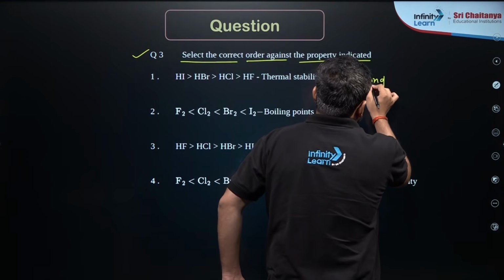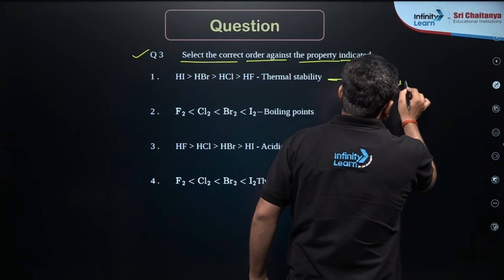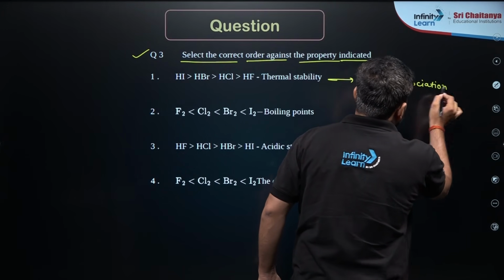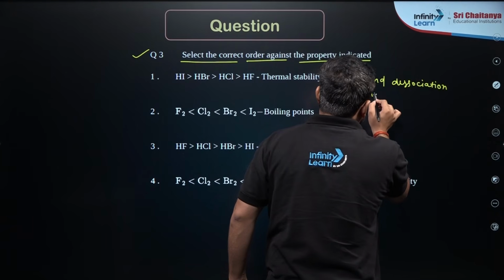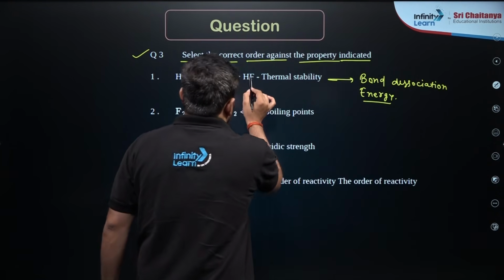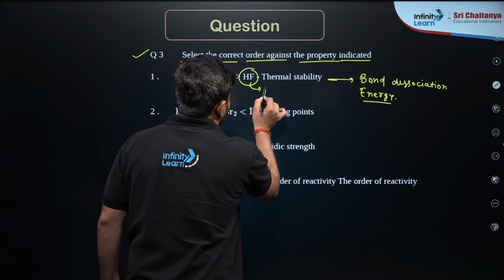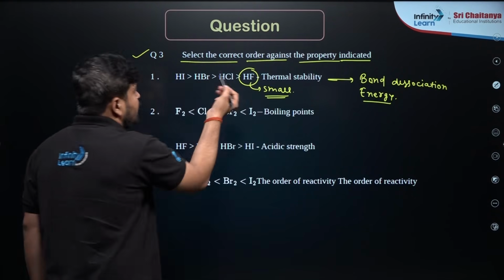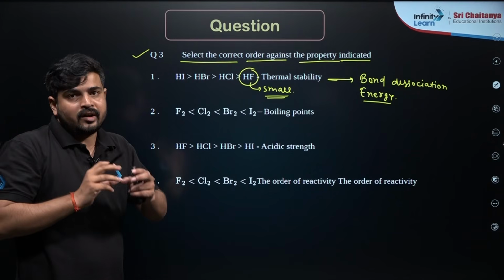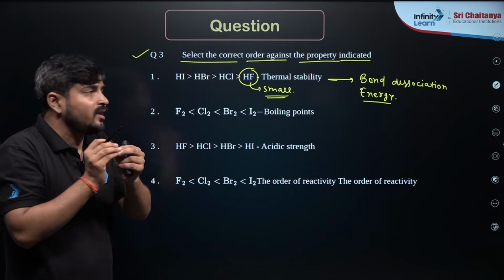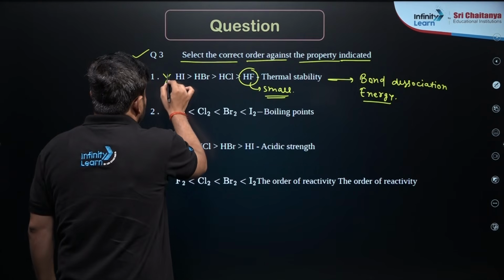Please know this one. If I check HF, it is a small size only, yes or not? If the size is small, definitely it has a higher bond dissociation energy, because the bond length is very small. So this order is completely wrong.